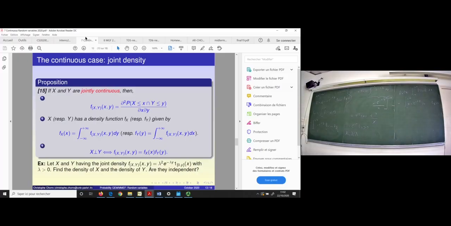But of course, I multiply by y, so I also have to divide by y to be sure that I have what I want. And now I can say, once again without doing computations, that here you have the expectation of an exponential of parameter y. And what is this?